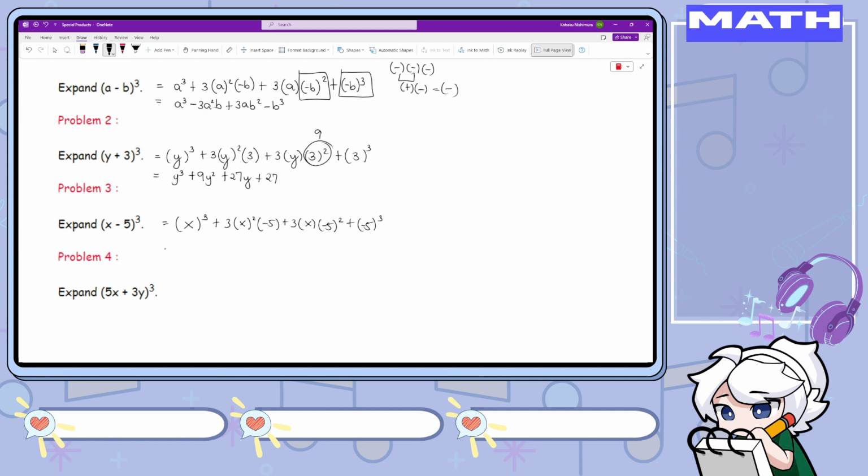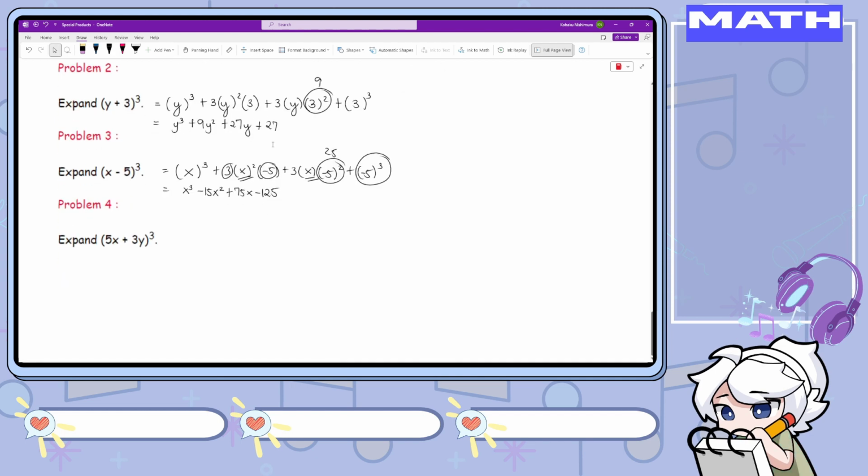Now, if we do so, we will have x cubed. 3 times negative 5 is negative 15 x squared. 5 squared is 25 times 3 is 75 x. And then we get 5 cubed, which is minus 125.